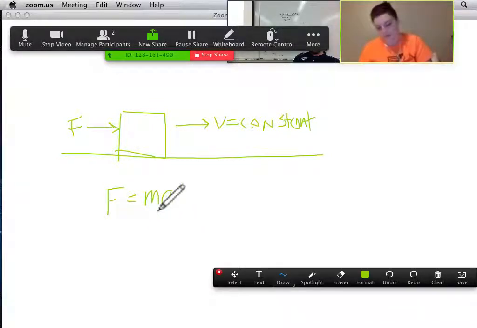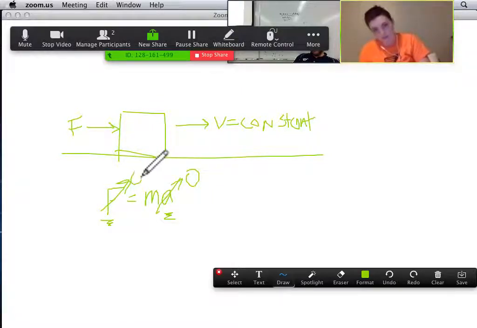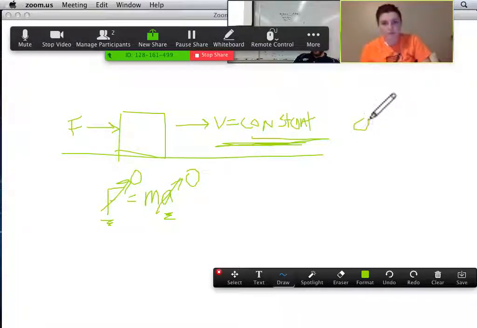So if you have an acceleration, what does that tell you about the force? You have a force. If you don't have an acceleration, if this is 0, what does that tell you about the force? You don't have a force. So if you have a constant velocity, do you have an acceleration? No. Acceleration equals 0, right?